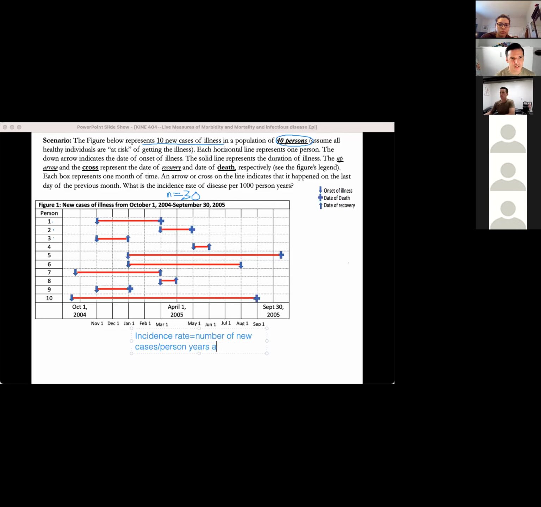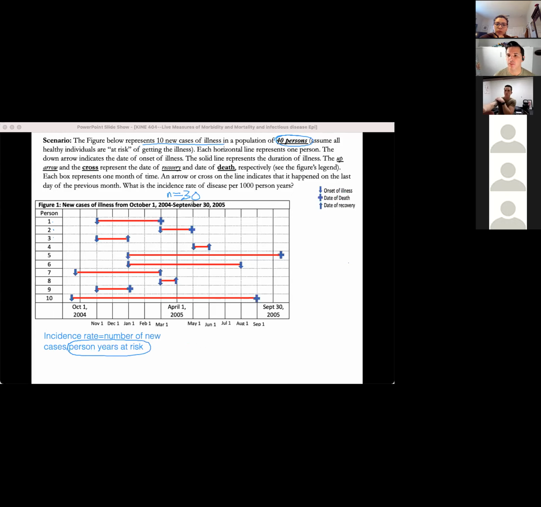The first thing that I need to do to calculate the incidence rate during that 1 year period is I need to calculate the number of person years at risk for that disease. So using this figure, first I'm going to go back up, and it tells me I have 40 persons in my population. They're people who are not in this figure.